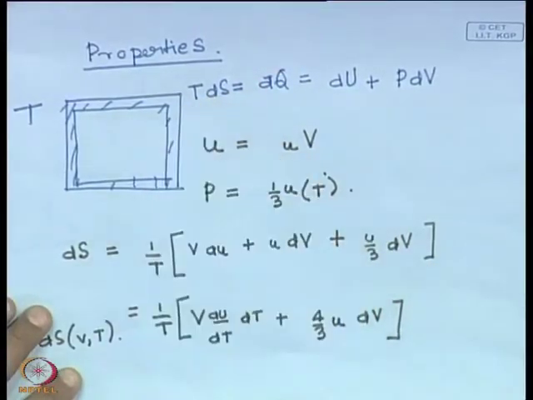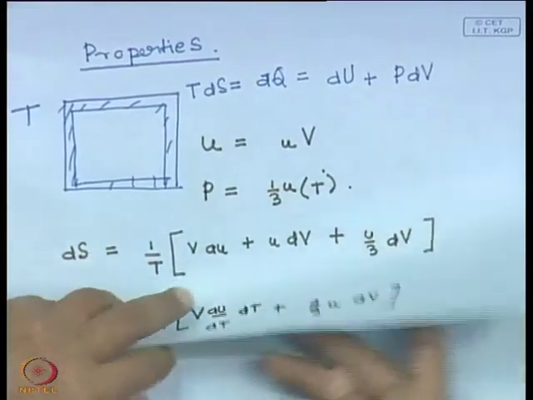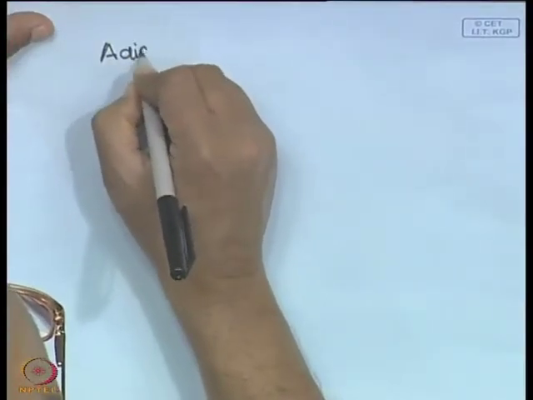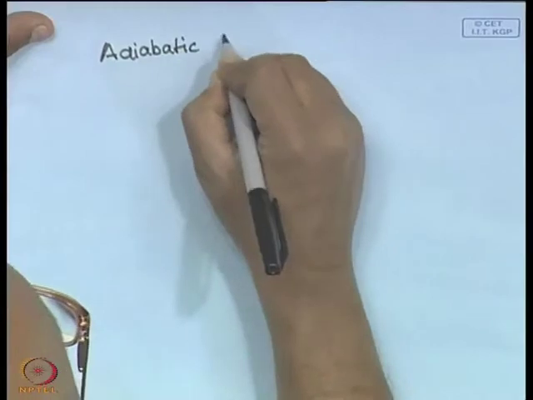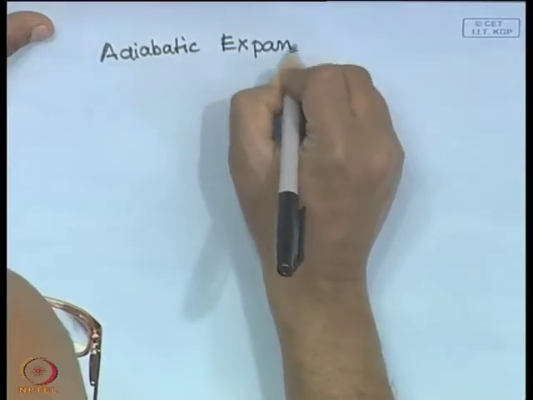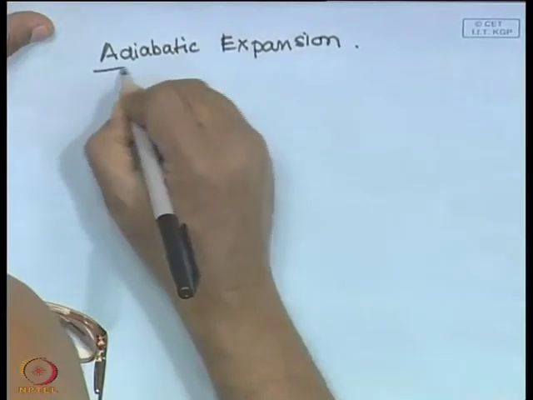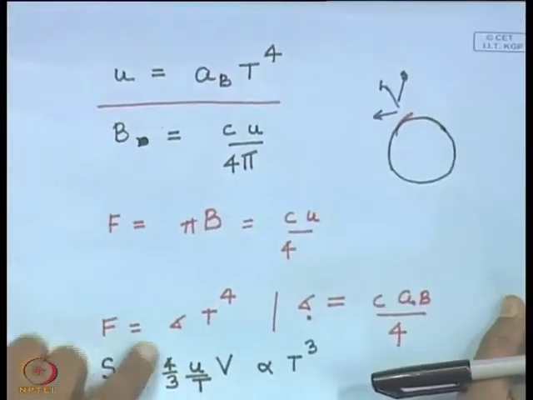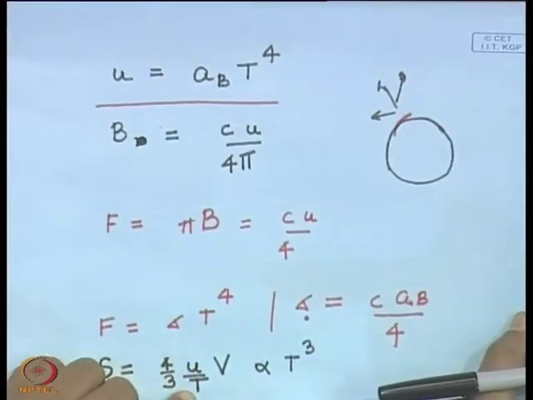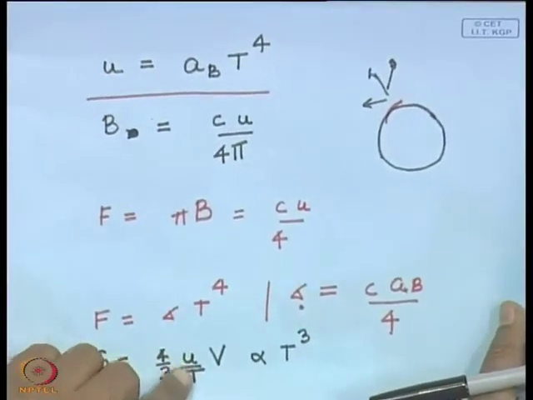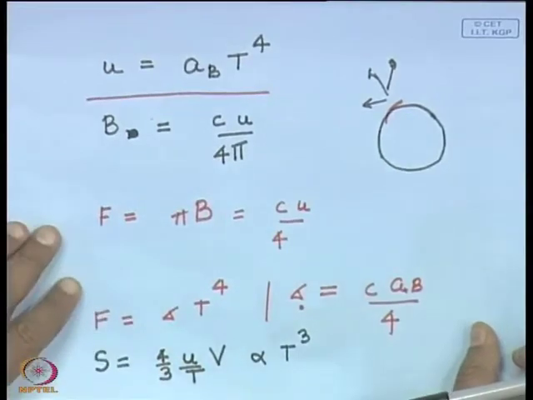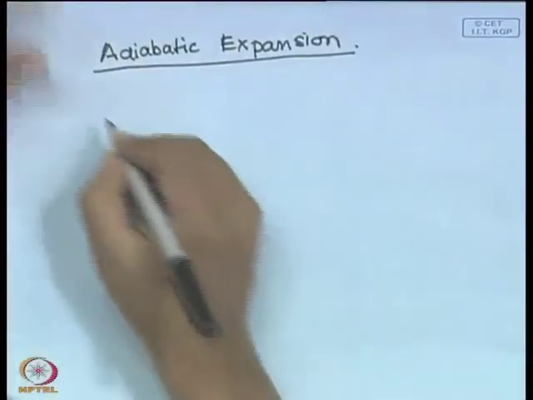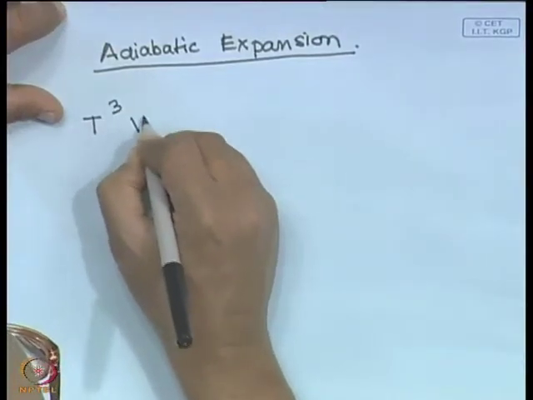So, the entropy is conserved. And the entropy, I just told you and you can easily verify, is 4/3 U by the temperature, the energy density by the temperature into the volume. So, what it tells us is that T cube into V is a constant.